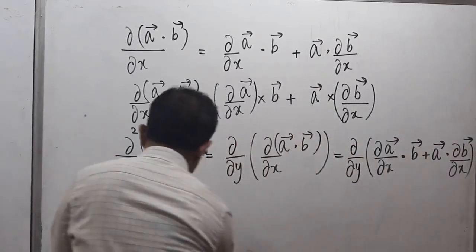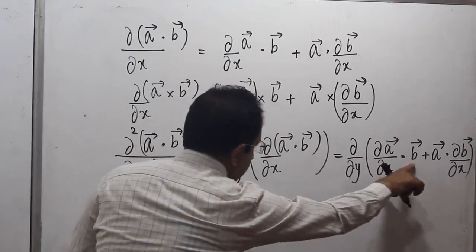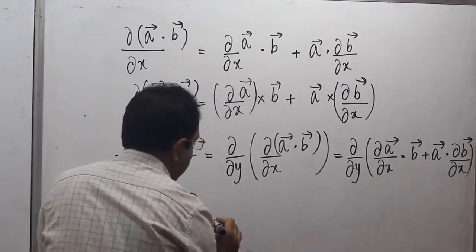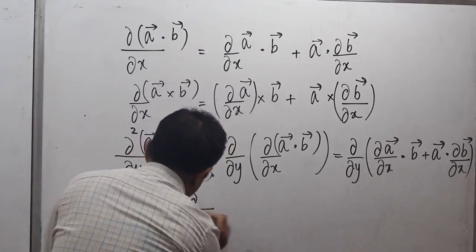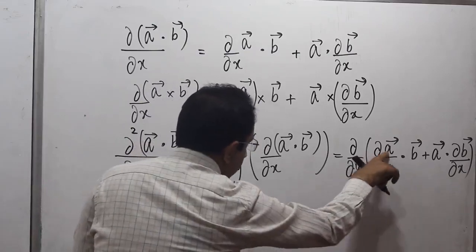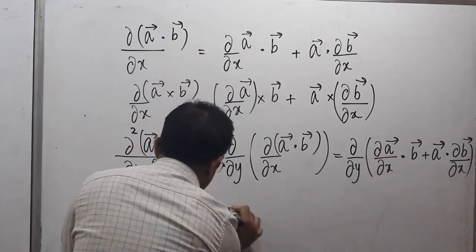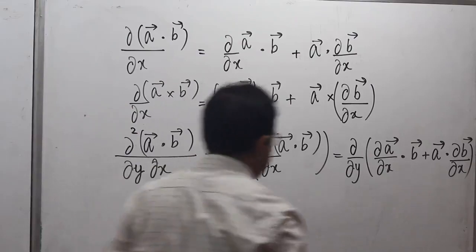So this would yield. Now we are differentiating this term first. We differentiate the first term, and this becomes the derivative with respect to y of, this is already dou over dou x, so this will be the second derivative of a with respect to b.